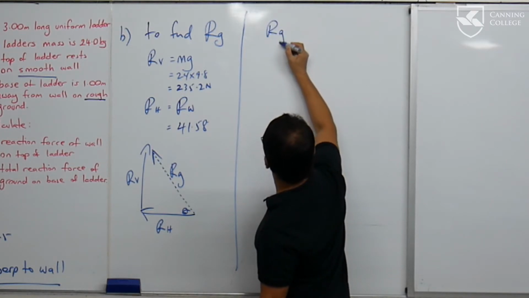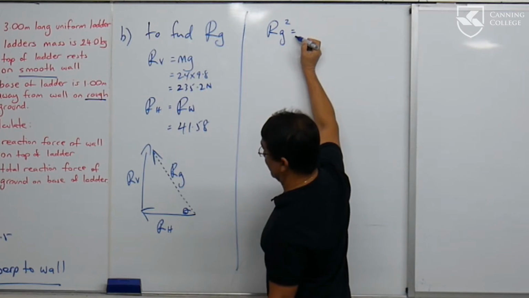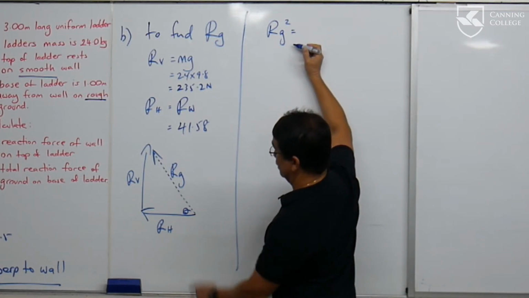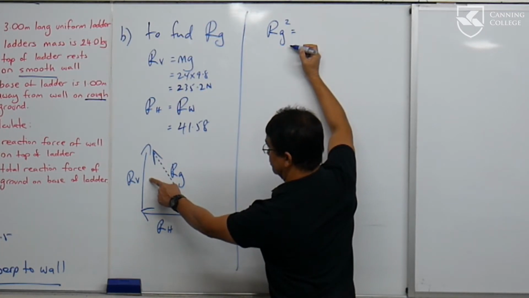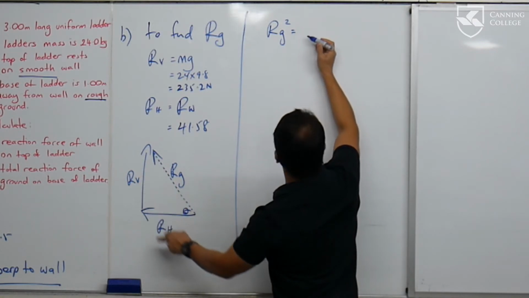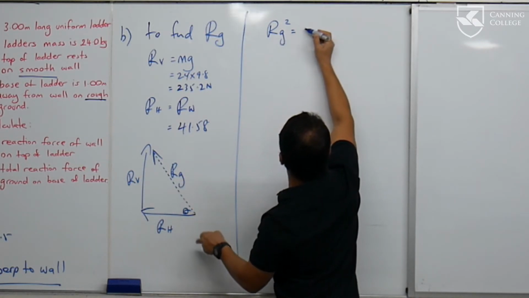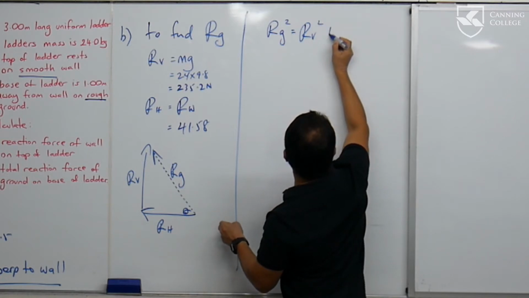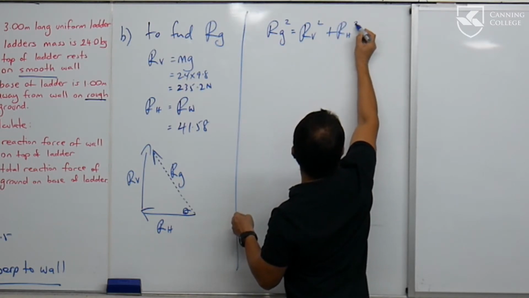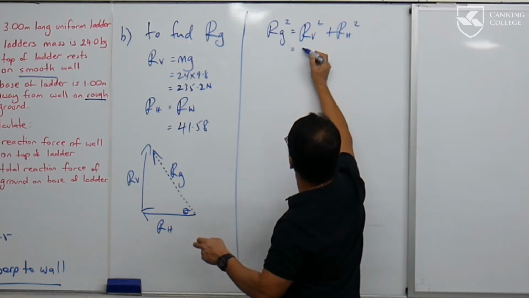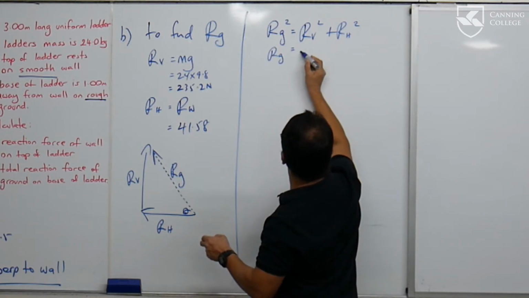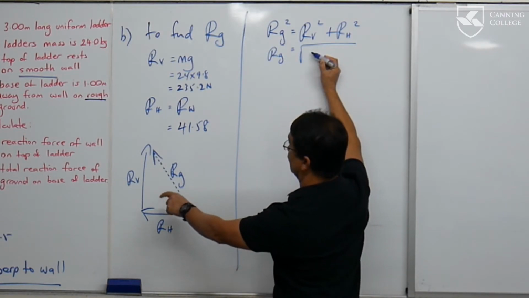Well, we know that Rg squared, just using Pythagoras, is going to be equal to... sorry, one mistake. The total reaction force squared is going to be equal to Rv squared plus RH squared. Therefore, Rg is going to be equal to the square root of, now what's Rv?